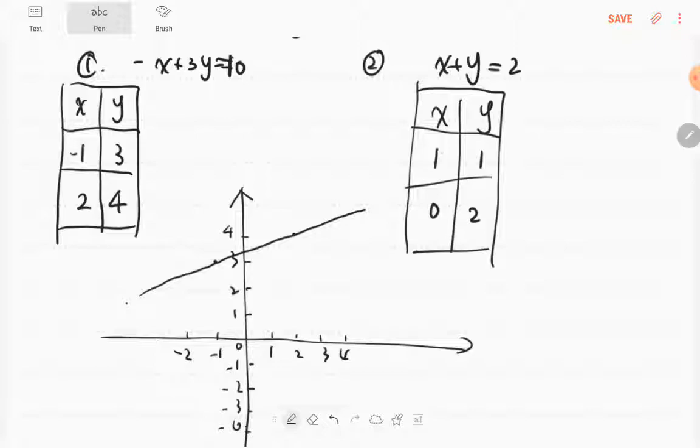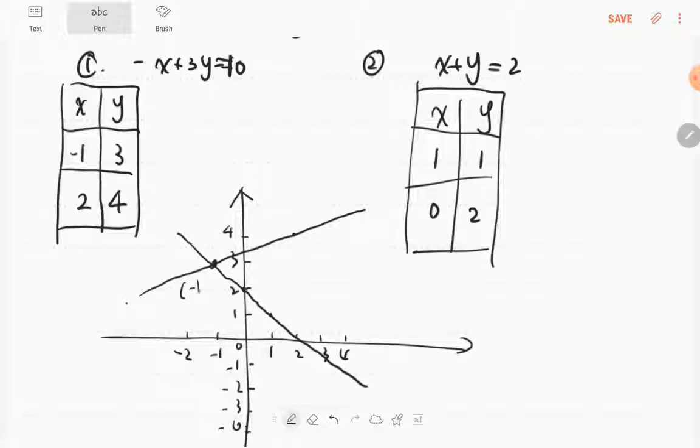And we also have 2 points, 1, 1 for the second equation and 0, 2. So we can connect these 2 points to find this one. And we realize these two straight lines intersect at this point.